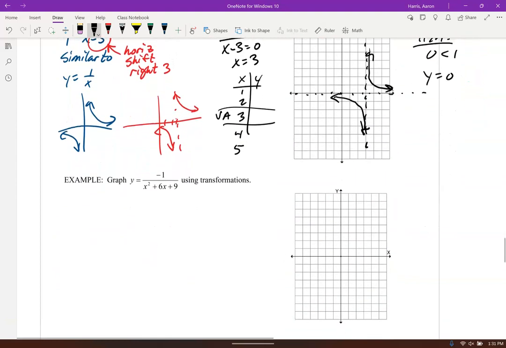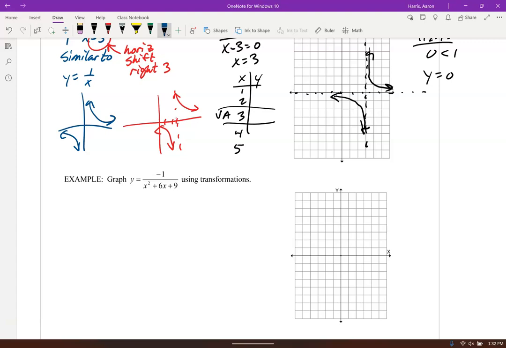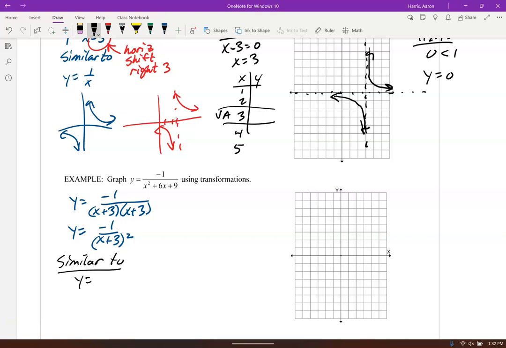Now this one, it's not factored. Let's go ahead and factor the denominator there. So I've got negative 1 over x plus 3, in other words, negative 1 over (x plus 3) squared. So I'm thinking to myself, well, this is similar to 1 over x squared, which we know looks like this, right? Well, what's the negative in front going to do? It's going to reflect it about the x-axis, right?